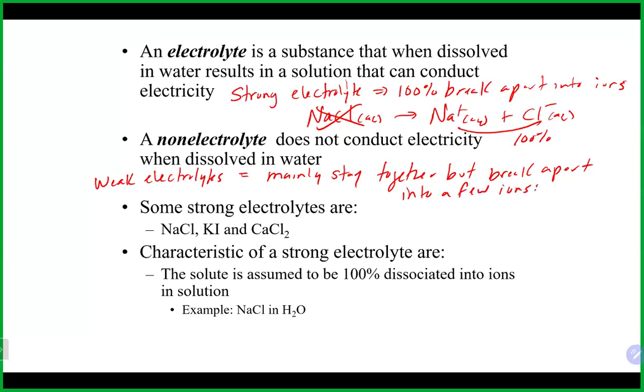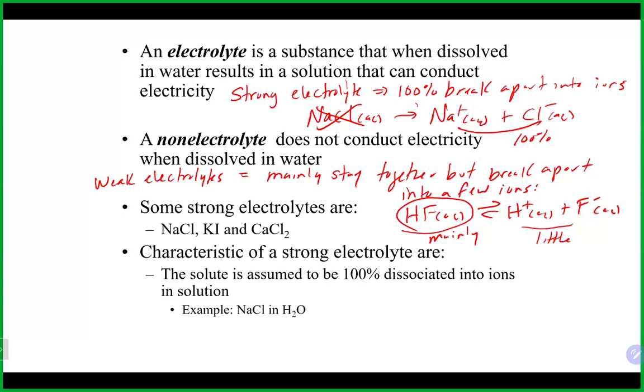So a lot of weak acids, weak bases are weak electrolytes. So something like hydrofluoric acid is a weak acid. It will break apart into H plus and F minus. And in solution, you actually will mainly have this guy still together. You will have a little bit of those ions floating around, but it's actually going to stay together, unlike a strong electrolyte that's just going to completely break apart.